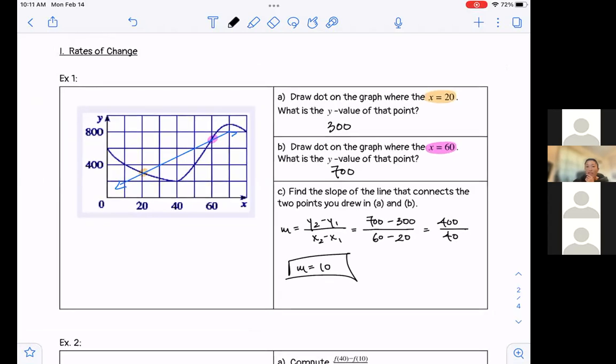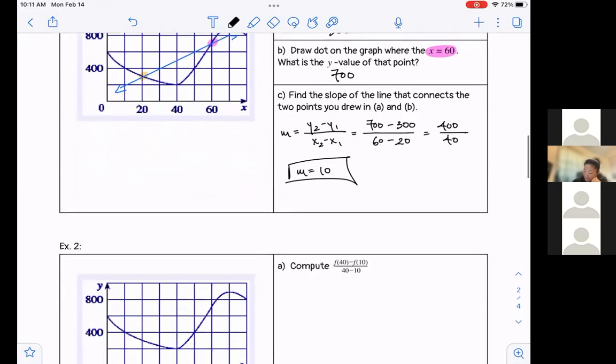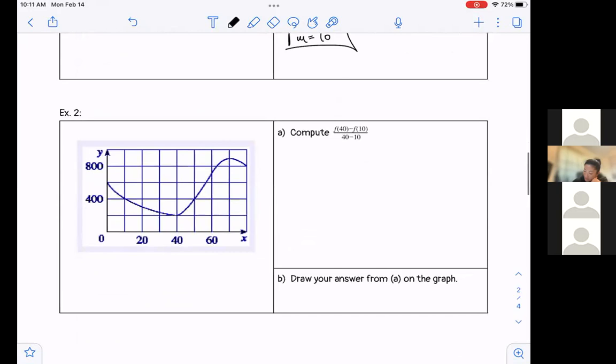Okay. Any questions on example 1? Marking some points, finding some slopes. All right, let's take a look at example 2. I'm going to give you a couple minutes to work through this in the privacy of your own learning environment.